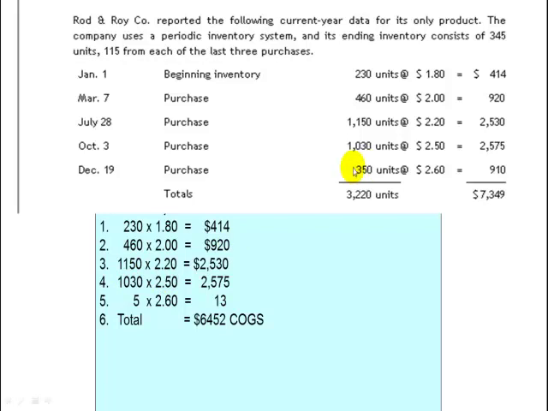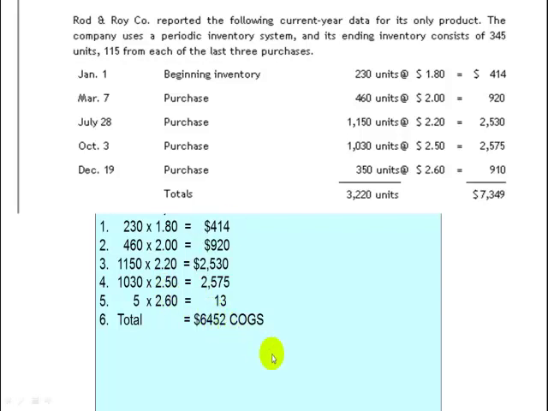And I've only sold 5 of these, because if I have an ending inventory of 345 units and the first one in is the first one out the door, then they're all gone except for these. These are what I have left. I have 345 of these. I add all this up and I end up with a total cost of goods sold of $64.52.